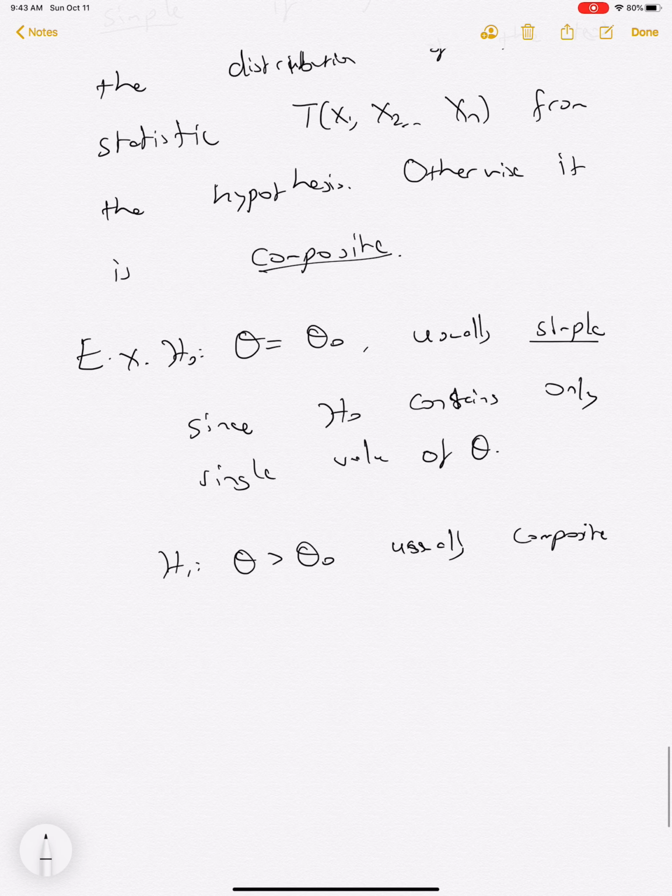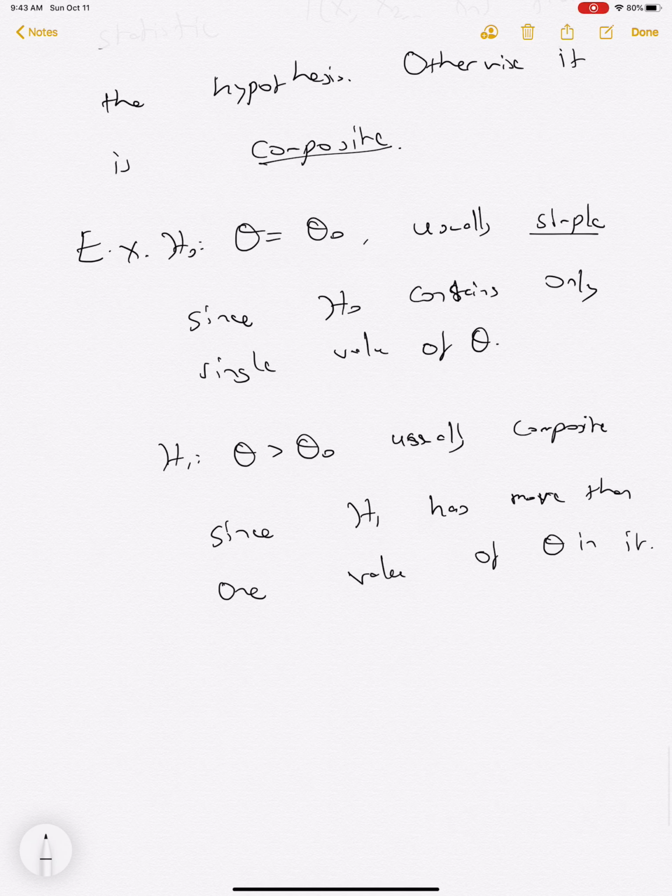Composite since H1 has more than one value of theta in it. If you think about this intuitively, it hopefully makes sense: if you're saying theta is bigger than 0.5, is it 0.6, is it 0.7, is it 0.55? You don't actually know what the theta value is, and because you don't know the theta value, you can't really determine the distribution of the statistic, because it's going to be different depending on the value of theta.